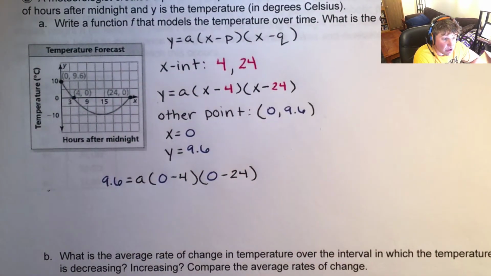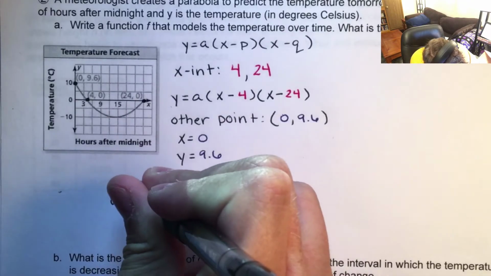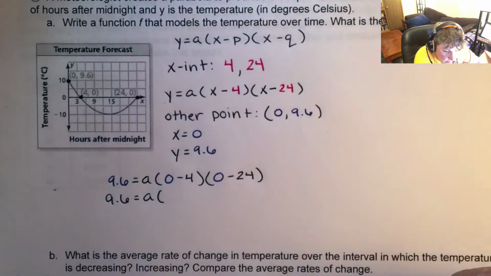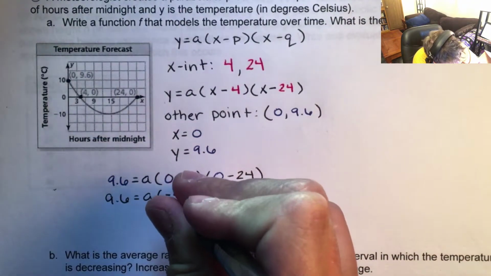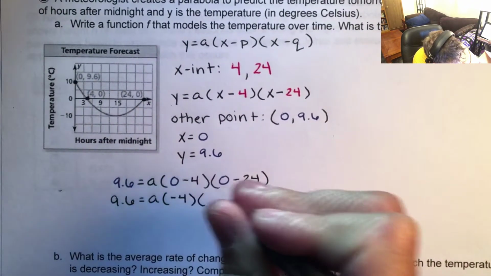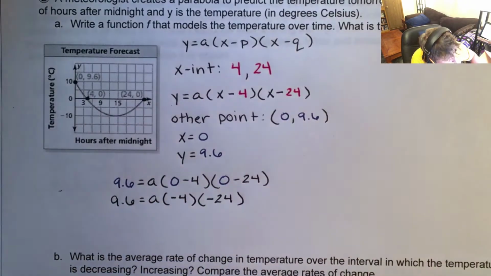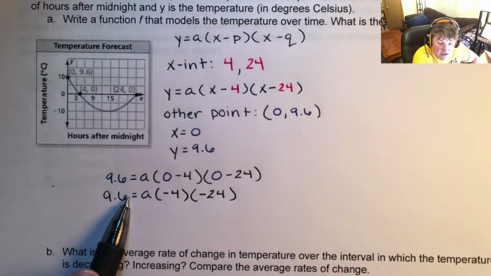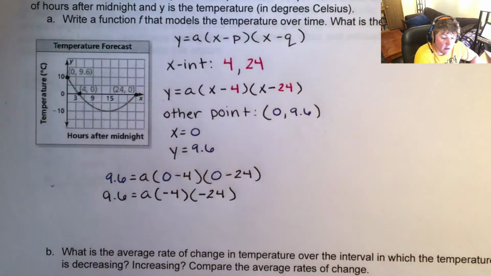Okay, so let's go ahead and start solving. We'll do this by hand because it shouldn't take too long. So here I have 9.6 is equal to A times, 0 minus 4 is negative 4, right? Simplify the inside of the parentheses first, and then 0 minus 24 is negative 24. So I have 9.6 is equal to A times negative 4 times negative 24.